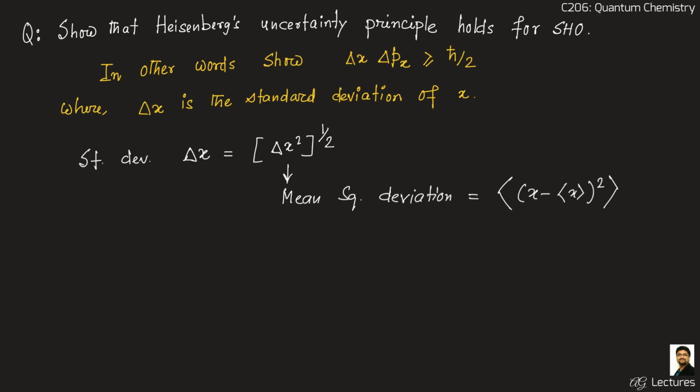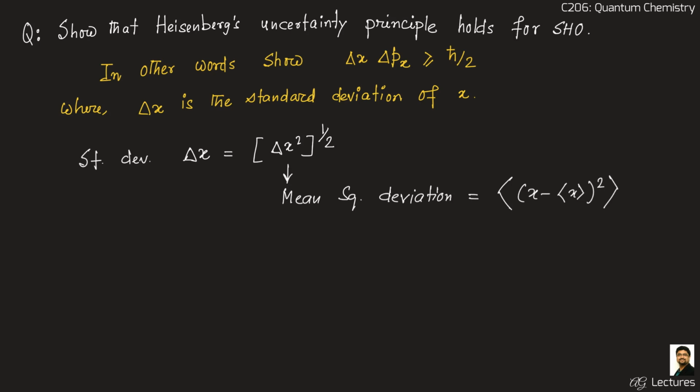Now, in order to get the standard deviation of x, we first need to check the expression. This leads to another expression, which is a known expression, but let me quickly do that in case you are not familiar with it.